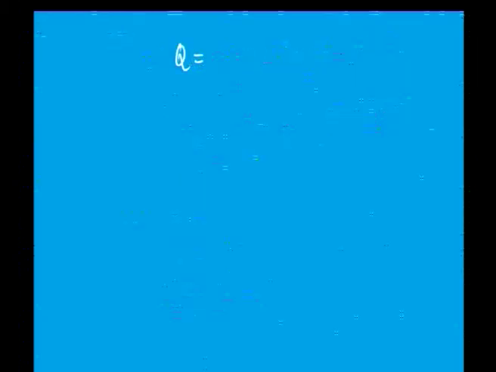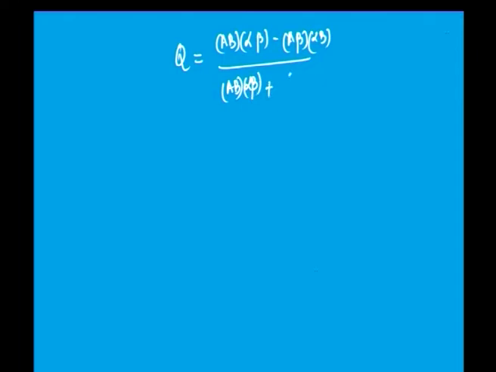Yule's coefficient of association is denoted as Q, and the formula is AB into alpha beta minus A beta into alpha B. The same thing in the denominator, AB into alpha beta, but with a plus sign, A beta into alpha B. We will substitute all the values given in the question and check whether you have all the information. You have A beta and AB, alpha beta, everything.